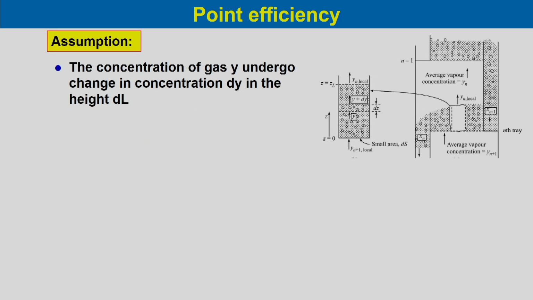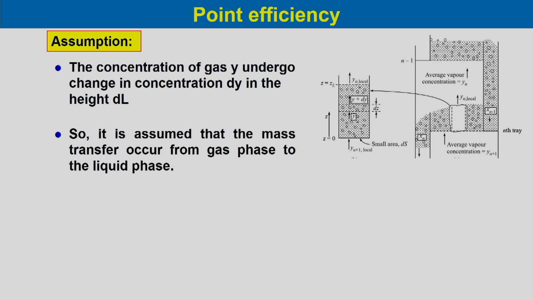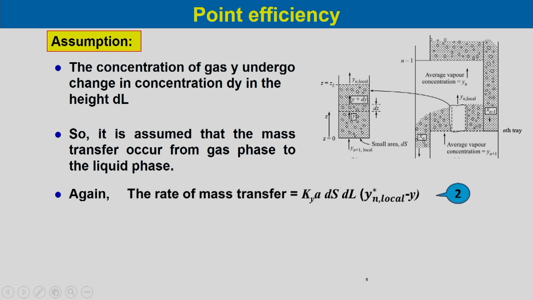Now, assumptions: the concentration of gas Y undergoes a change in concentration dy in the height dl. So, it is assumed that the gas mass transfer occurs from the gas phase to the liquid phase, and again the rate of mass transfer we can write as Kya ds dl (yn star local minus y).